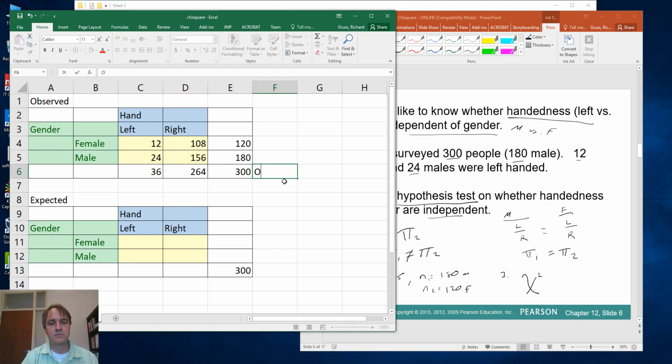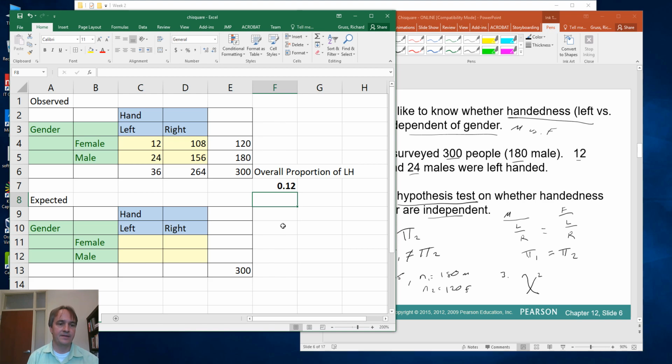So this gives me my overall proportion. I'm just going to write this over here: my overall proportion of left-handed. Overall, 36 out of 300 people were left-handed, so 12% of people are left-handed.